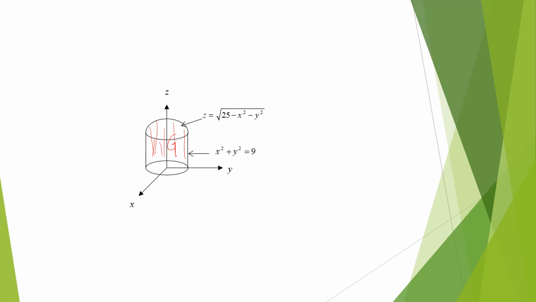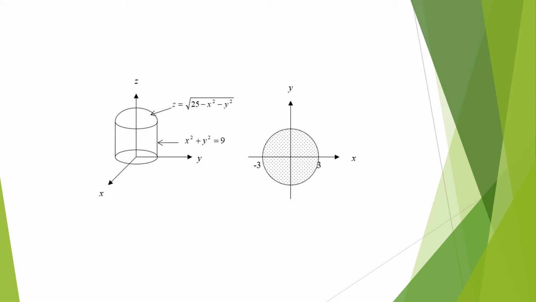So we project from above here, and we have our shadow, here is our region R. Just transfer this into a two-dimensional system.